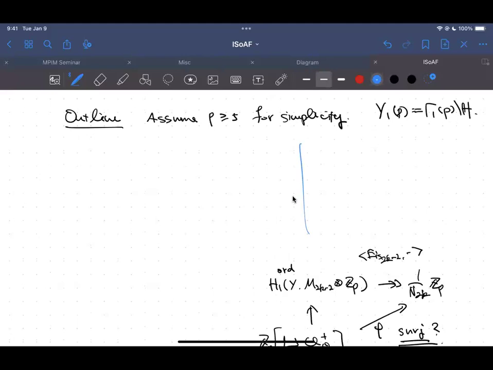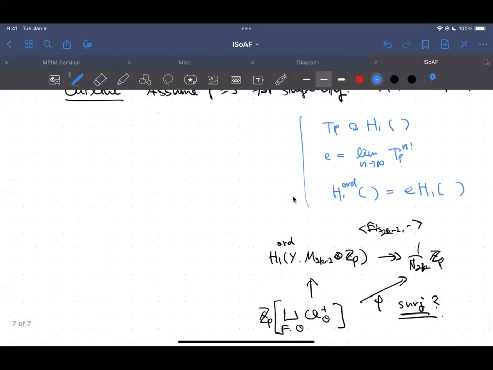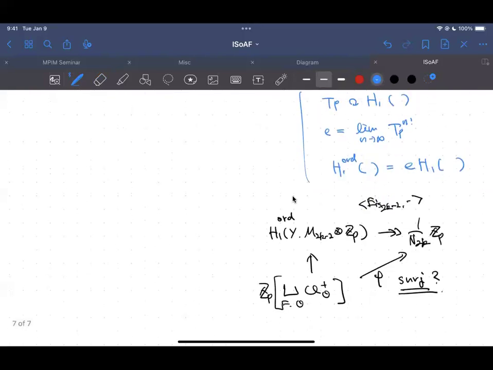I'm not going to explain in detail about this ordinary part, but roughly speaking, the Hecke operator is acting on this space, and we have the so-called ordinary projector, which is defined by taking a limit of this iterated Hecke operator. And this ordinary part is simply the projection of this usual homology under this ordinary operator. And what we want to prove is the surjectivity here.